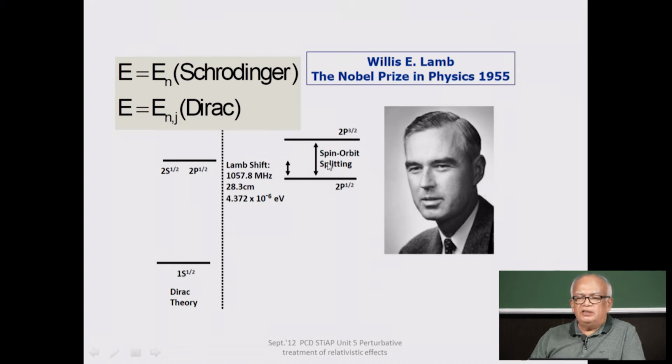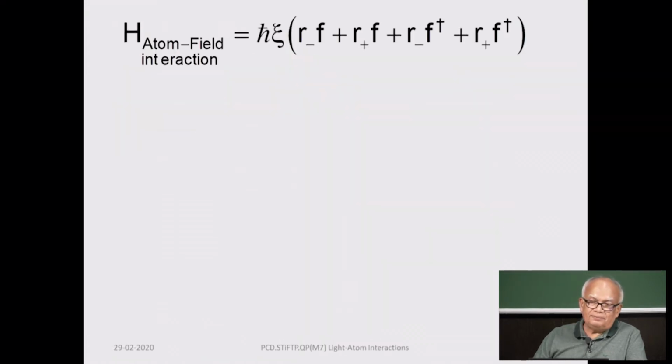So, there is a spin orbit splitting between 2p 1/2 and 2p 3/2, but the 2p 1/2 is not at this level, it is slightly lower down through about 4.372 10 to the minus 6 electron volts. This is the Lamb shift for which Lamb got the Nobel Prize in 1955.